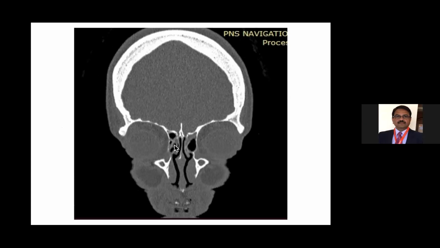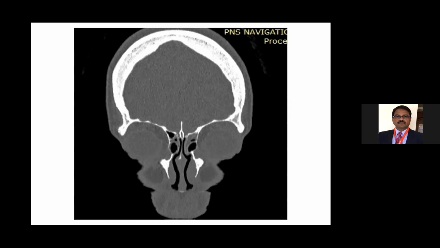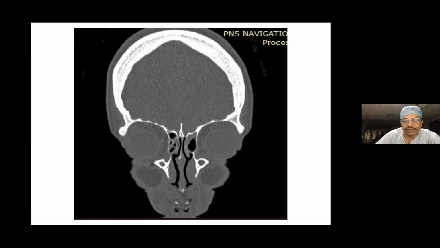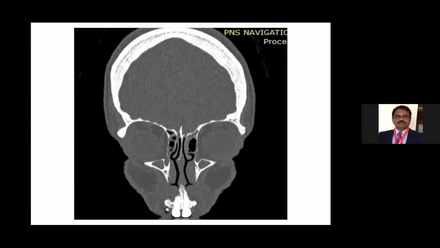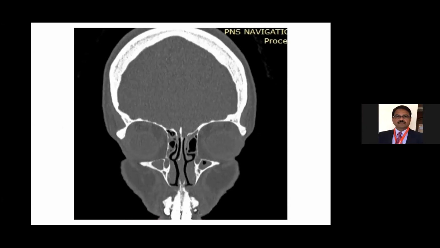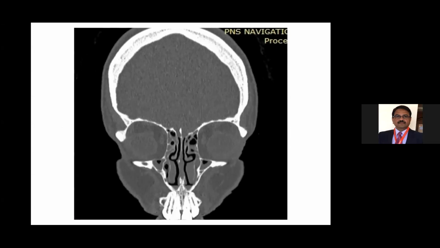A little more anteriorly, you can see one cell on the left side. So this is a K1 on the left side and K2 on the right side. If it is a single cell, it's a K1 cell. If multiple cells, K2 cells, all below the frontal beak. Important point again.